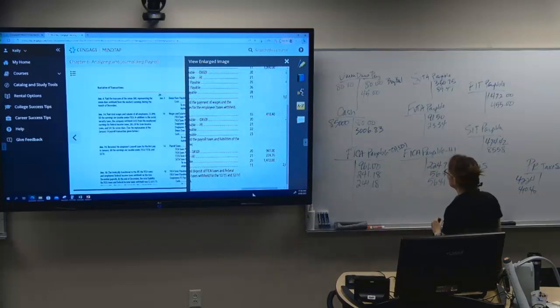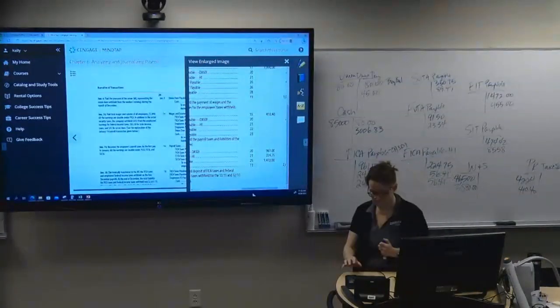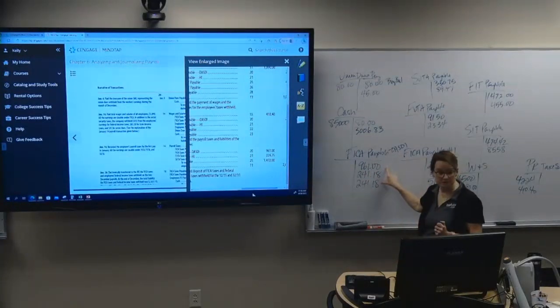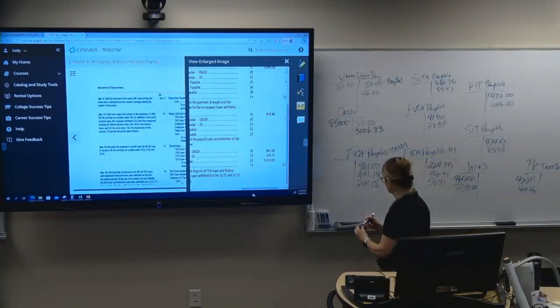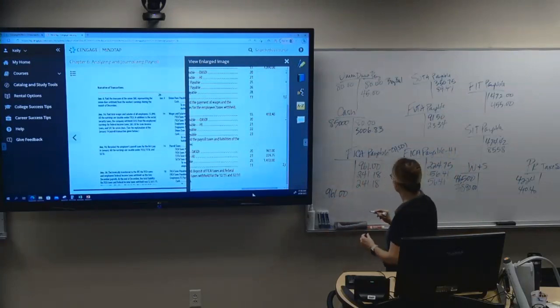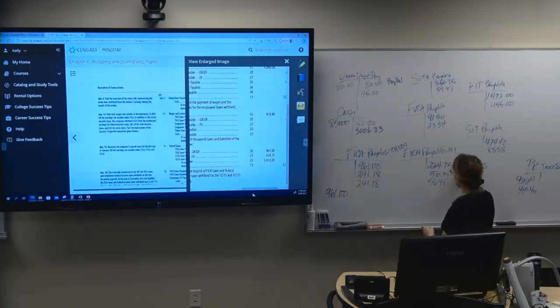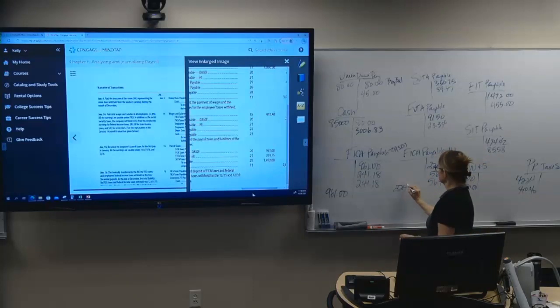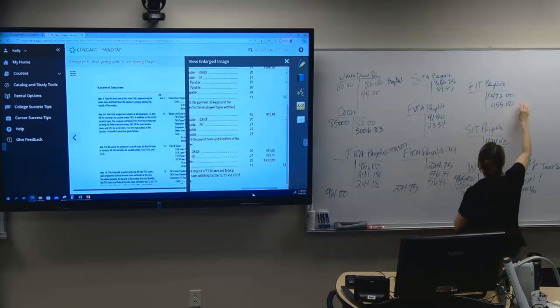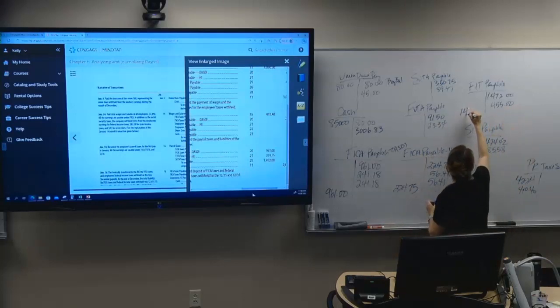So we owe, let's see, the OASDI is 961. So this is the amount that we started with. The HI payable 224.75. Paying that. Where's the federal income taxes? We're going to pay this 1472. So that's our debit.